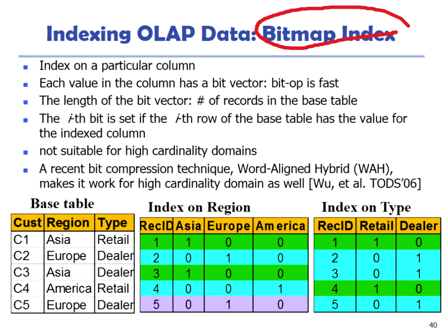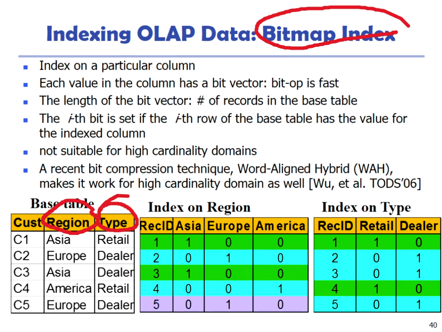For example, in our example we have the column region and the column type. So how do we create this index? We will prepare our index with the possible values of the column.